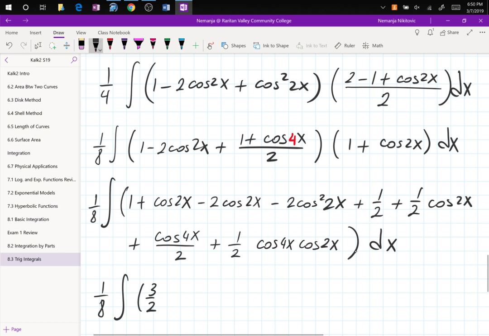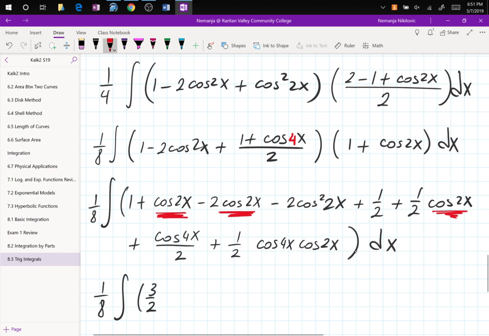What else do I have? I have a cosine 2x. So let me underline them red maybe. I have a cosine 2x here, cosine 2x here, cosine 2x here. So I have 3 of these. So cosine, and you can say apple minus 2 apples plus half of the apple, right? Or strawberry, I don't know, whatever you're not allergic to.